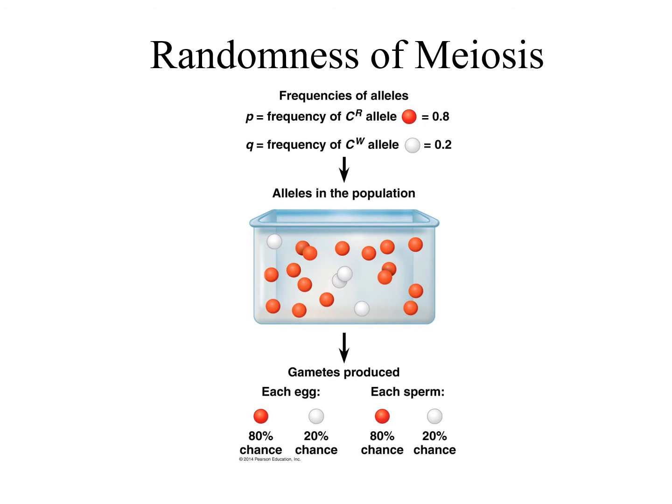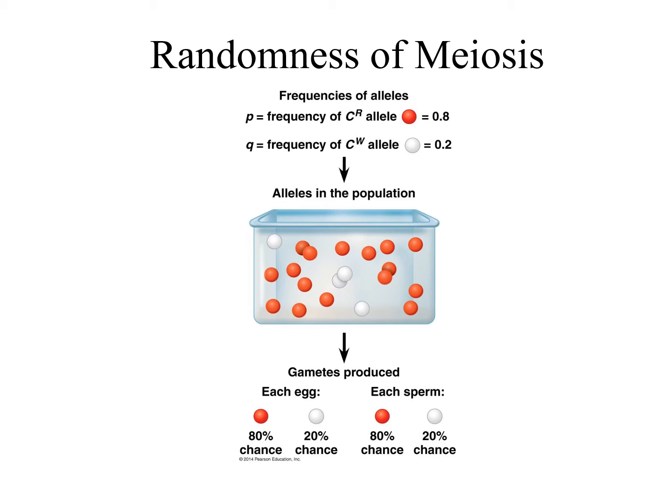Now, Hardy-Weinberg equilibrium is possible because meiosis is a random process. It is the randomness of meiosis that makes this possible.